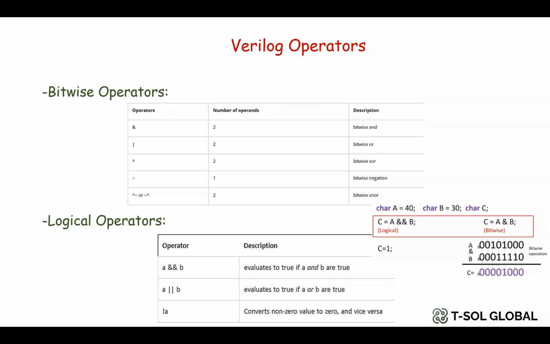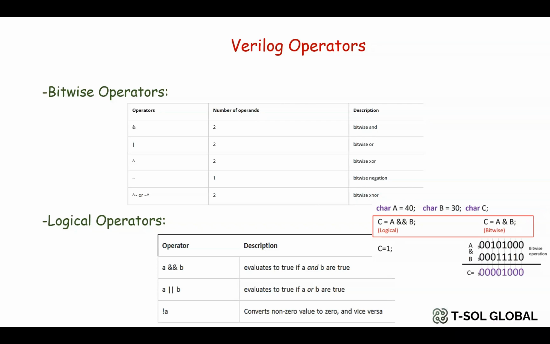Here we have a character A which represents 40, and a character B which represents 30. Character C is the output. In the case of the logical operator, if we do A and B, then the output will be 1, since both 40 and 30 are greater than 0.